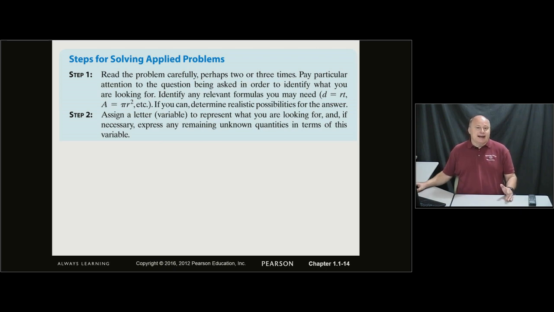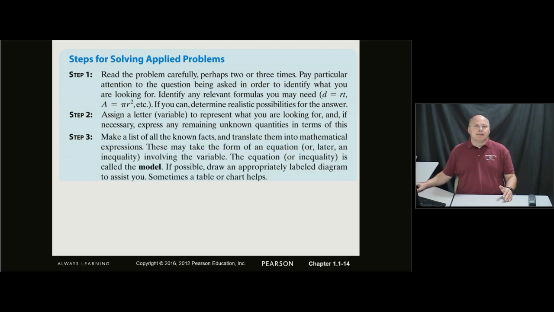So I would say, let X be the number of boys, because I don't know how many boys there are, but since I know that relationship, there are 2 times X, or 2X, girls in the room. So that's the idea. You try to put one in terms of the other if you can do that.